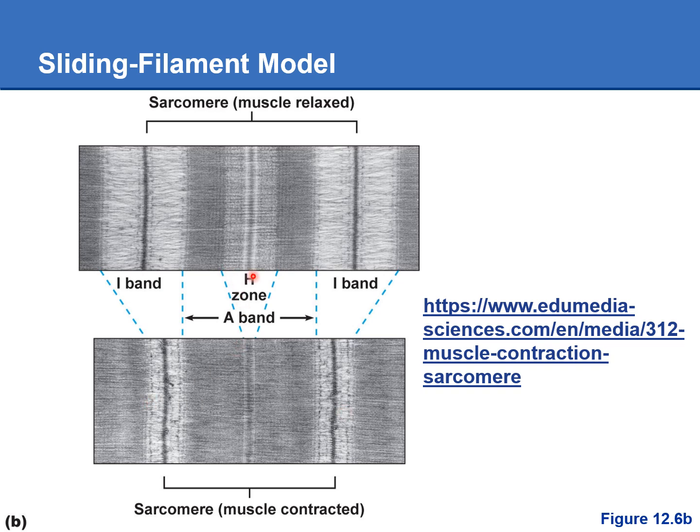And then the H zone here in the middle, that's shortened. And then the I bands on either side here, those light bands, they have shortened. But if you look at the A band, this dark band here, that's the length of the myosin, or the thick filament. That has not changed. It is not shortened. It's stayed the same.